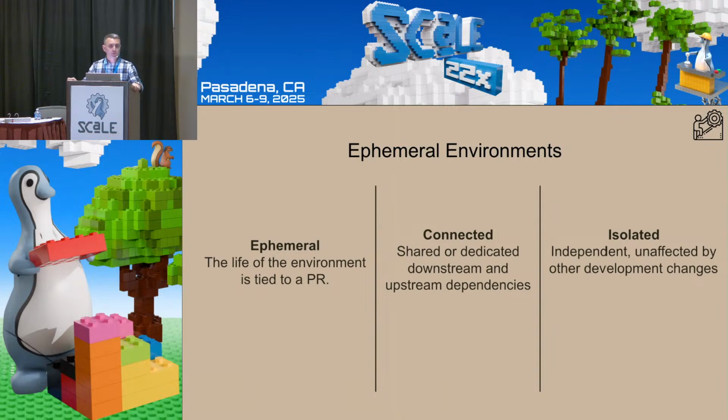So they are fully connected with their upstream and downstream dependencies. So they're essentially a full end-to-end environment of overall services. And also they're isolated, where you can only work on the dependencies that you care about. There are a lot of sub-dependencies that you might not really care about, but you might be working on multiple different components that you want to see how they interact with each other once fully deployed in an end-to-end environment. So this is what we mean when we say ephemeral environments.